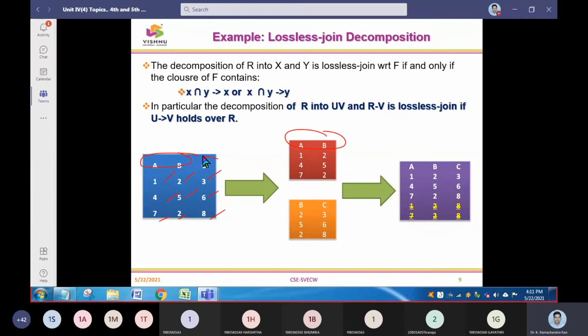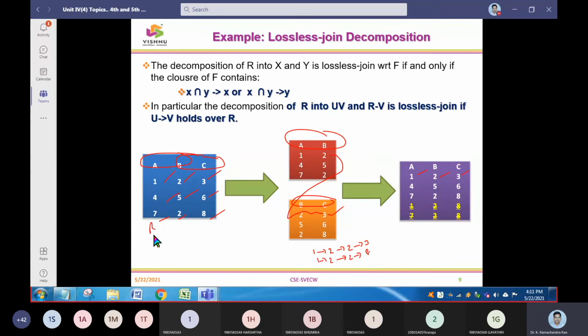Then I decompose the table into BC, it is done. Right. Now you can see 1, 2, 2, 3. So 1, 2, 3, you made it. Then what other combinations can I make? I can make 1, 2, 2, 3. Then I can make 1, 2, 2, 8.